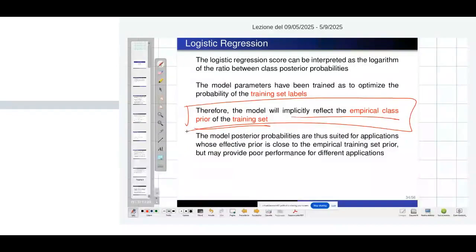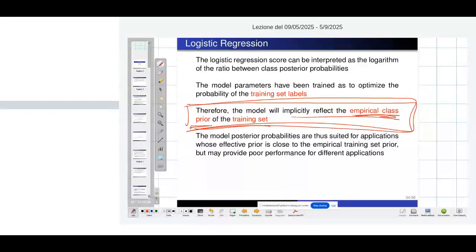So it's the maximum likelihood for a data set which has sample proportions equal to the empirical training set prior, which means that the model will learn a model that reflects the training set empirical prior. So we can imagine that the model inside somehow embeds the empirical prior of the training set.